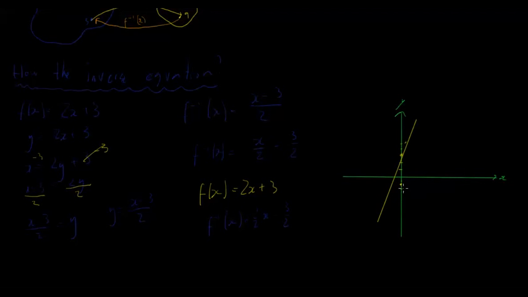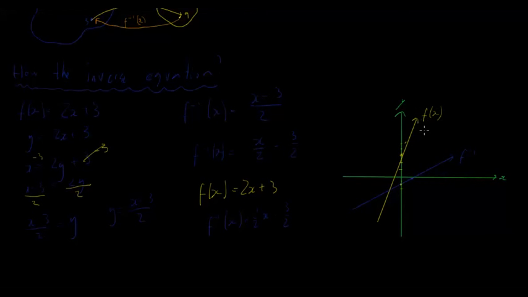And then a gradient of a half, so we're rising 1 and running 2. So we'll have a point there. Again, if we draw this, we've got this guy here.